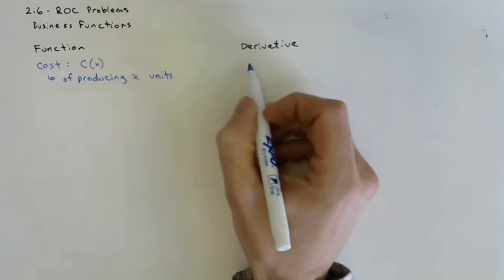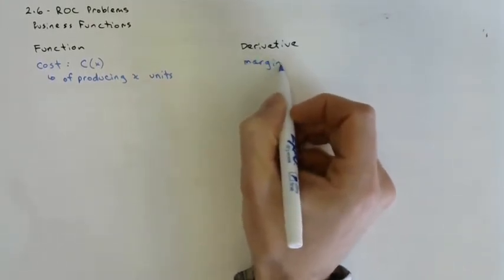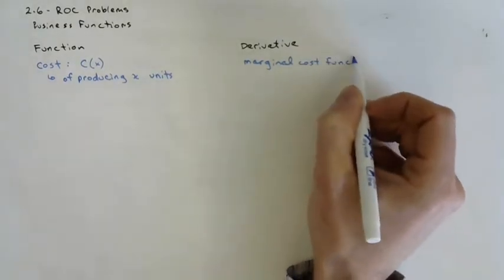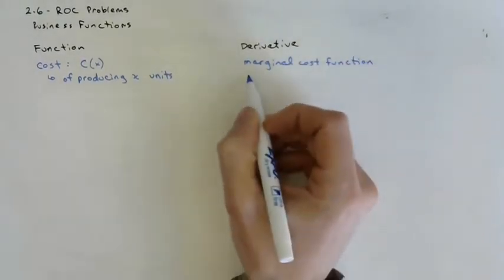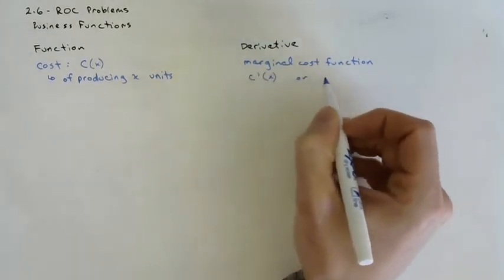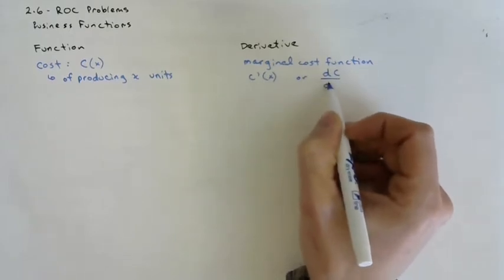And the derivative of that is called the marginal cost function. It's represented as C prime of X or dC by dx.